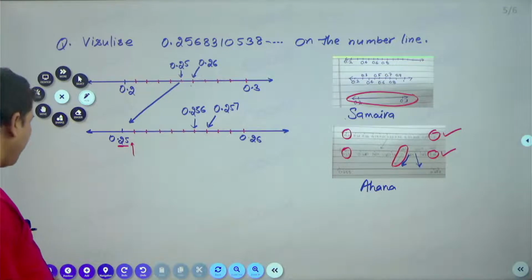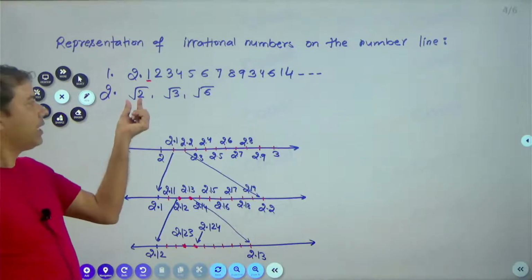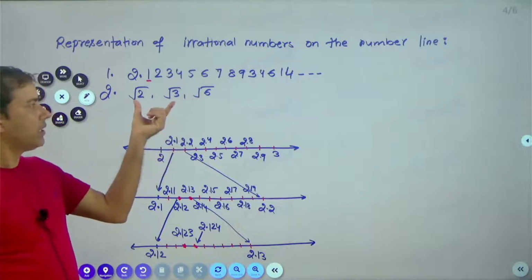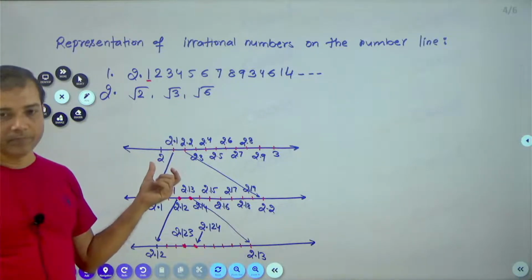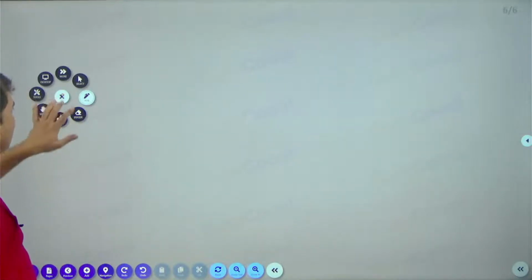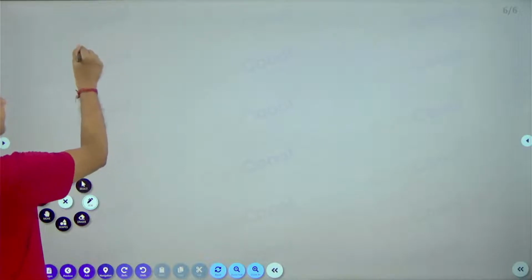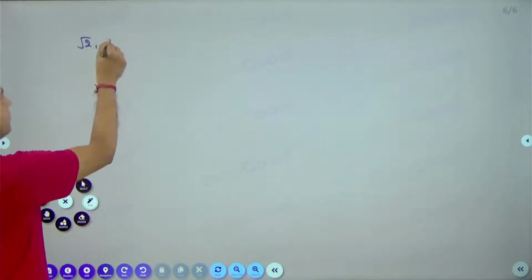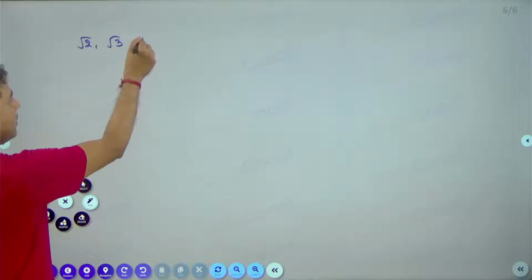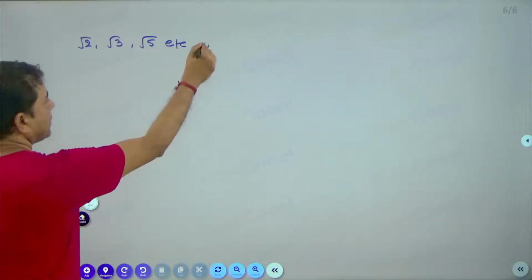Okay. Now let's come to the second one. When we have radicals, how to represent this on the number line? Root 2, root 3, root 5, etc. on the number line.